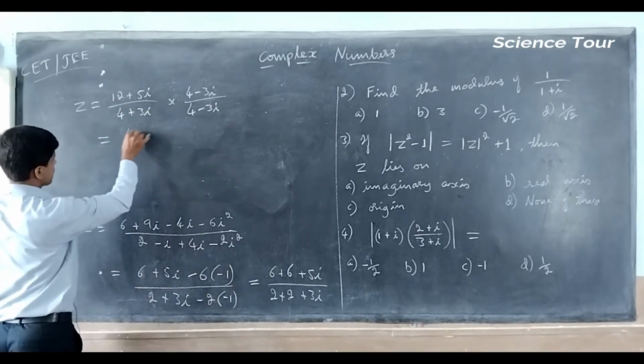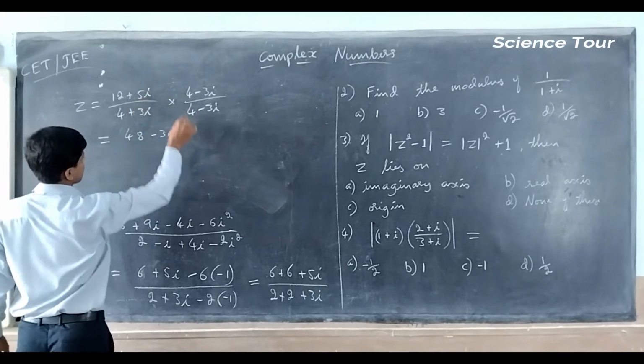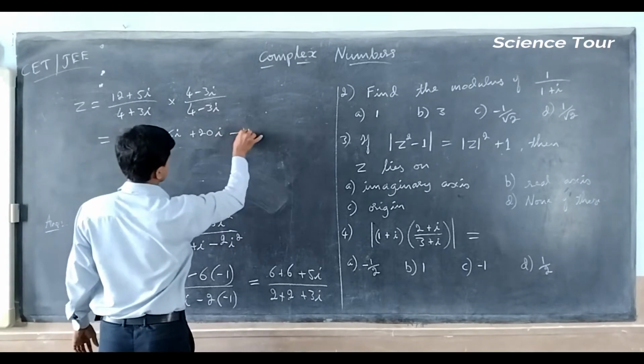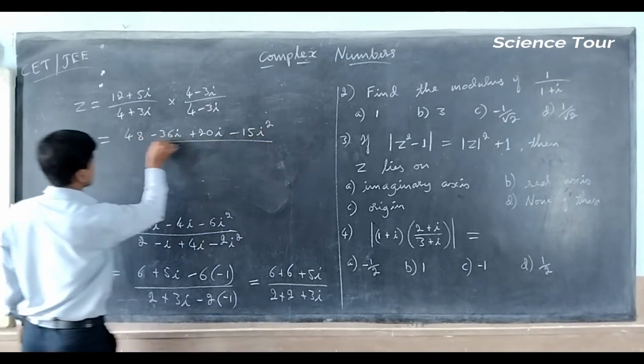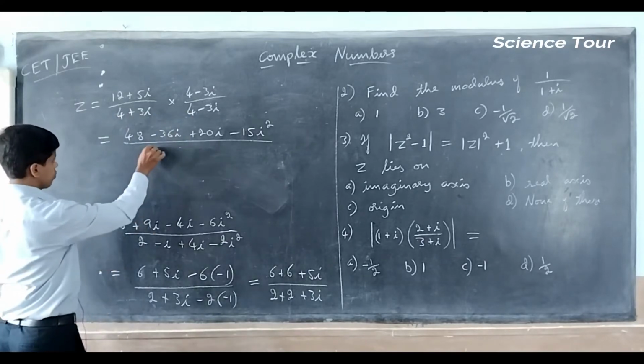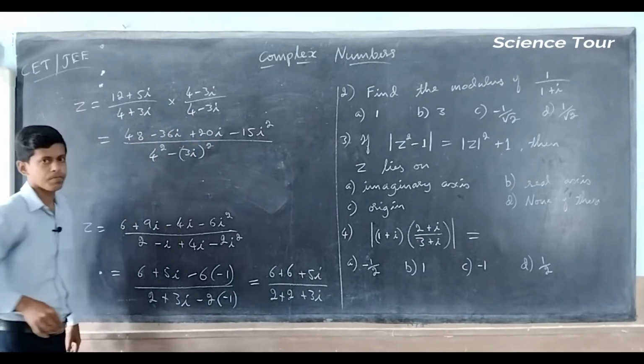Multiply, usual multiplication, so that is 48 and then 36i and then 20i and then minus 15i square, and then here a plus b into a minus b, therefore it is a square minus b square.